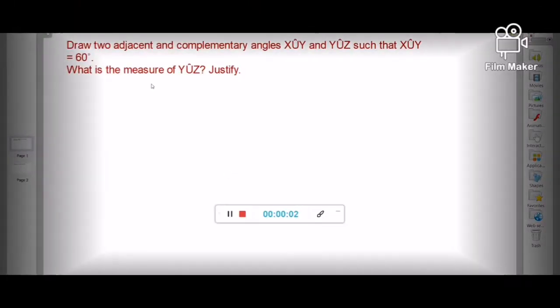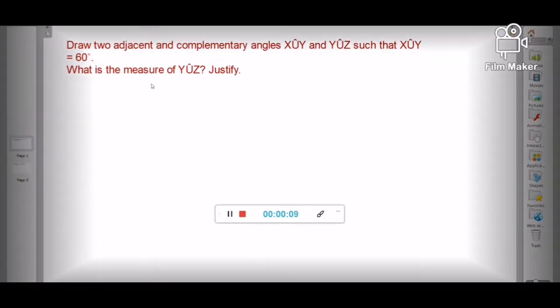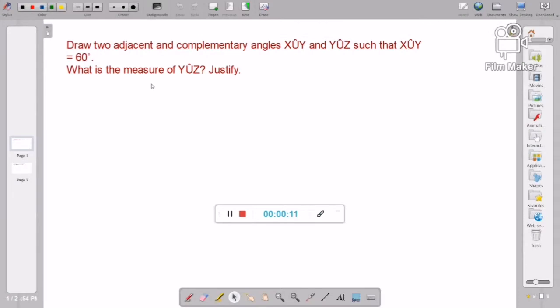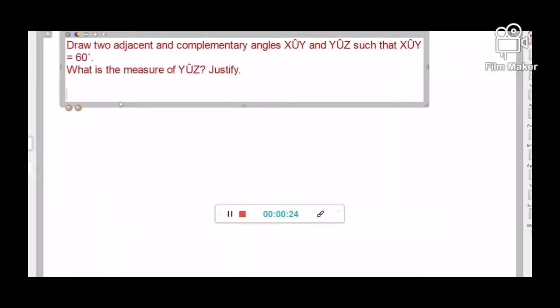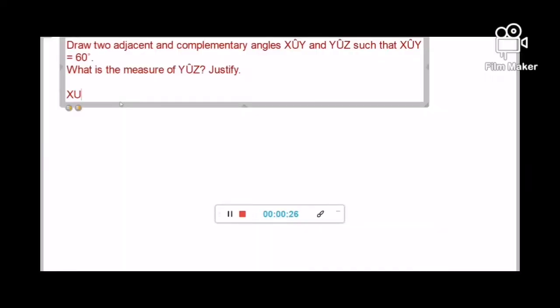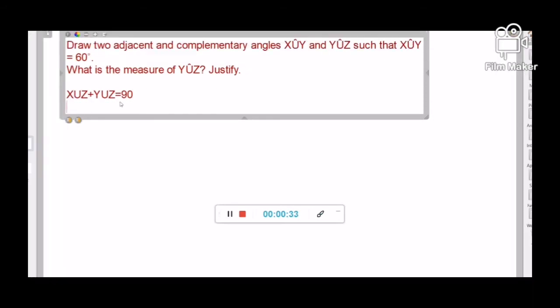If I need to draw two adjacent complementary angles, like here XUY and YUZ, such that XUY equals 60 degrees, let's see how we can draw them. But before drawing them, let's find the measure of YUZ. As I told you in the question, XUY and YUZ are complementary. So XUY plus YUZ equals 90 degrees.